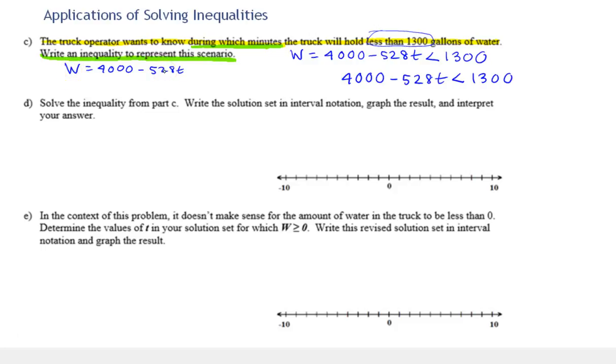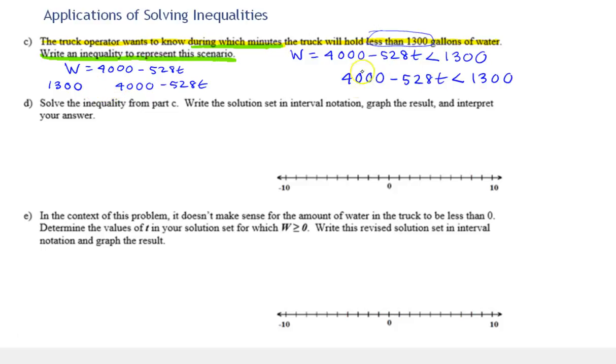Okay, so now we have an inequality, which, remember, inequalities are not symmetric. So suppose we replaced W with 1,300, and then I'm going to put 4,000 minus 528t on the right-hand side. If you read directly at the instructions, it says less than 1,300, so it may be tempting to just put a less than symbol here. Okay, but notice how that's not appropriate.